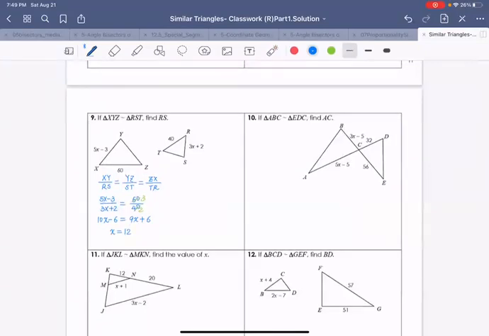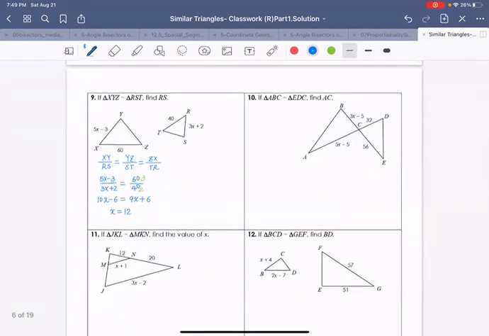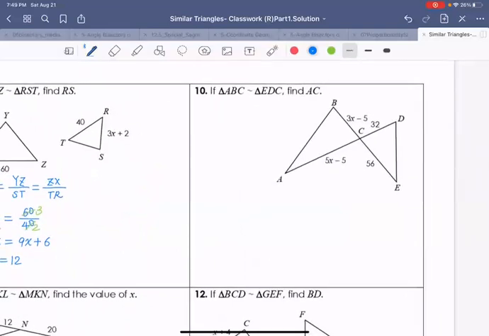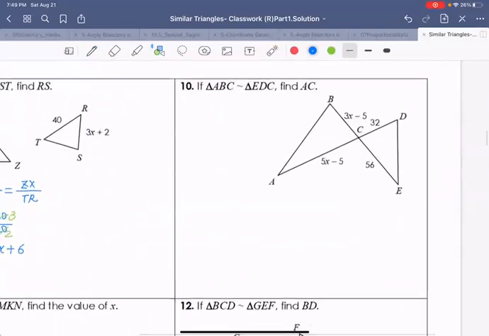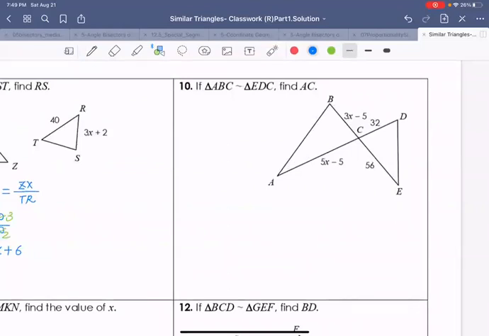Next one. Annie, let's go ahead to number 10, please. BC over DC equals AC over EC.